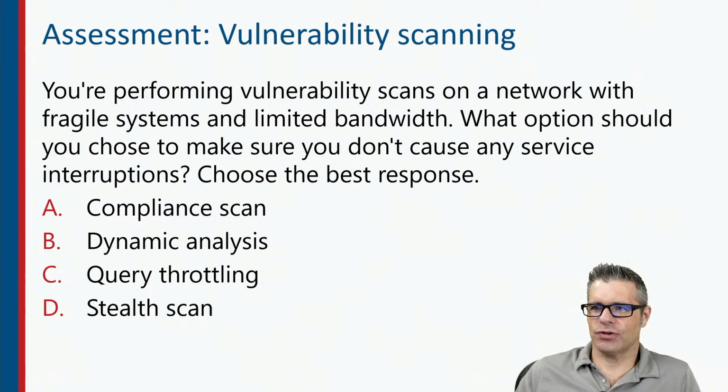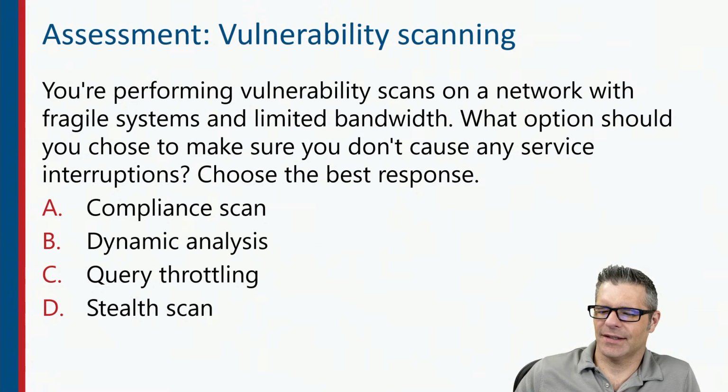What options should you choose so you don't cause any service disruption? Compliance scan, dynamic analysis, query throttling, or stealth scan. I think this is just like knowing the vocab words. Yeah, is this one also C? It seems like it's a trick question to get three C's in a row. We just decided they would all be C's.